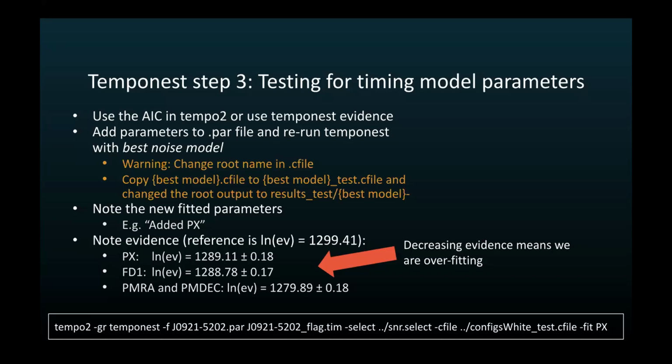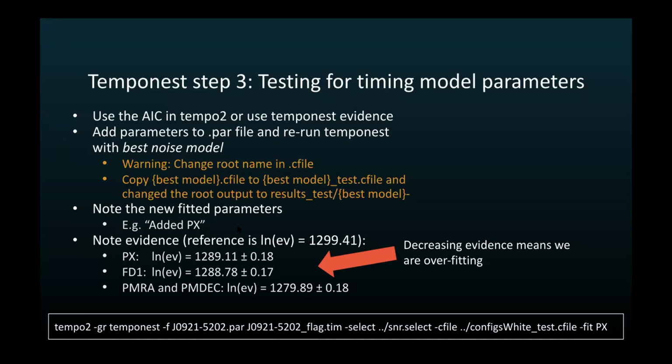So perhaps a better way to do it is to add these parameters and run it through temponest, which will take into account the new parameter as well as the adjustments to the uncertainty simultaneously. And you can test whether a new timing model parameter is significant in the same way as we were testing the noise models before.